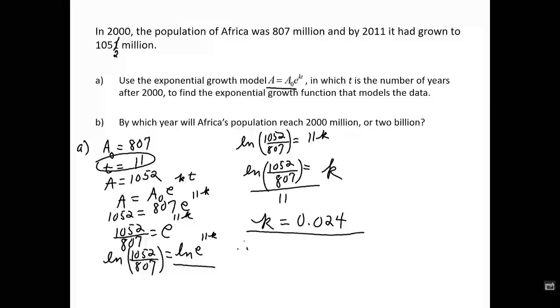So therefore, the function is given by A is equal to A sub 0, 807, times e to the kt. But now we know that k is 0.024 t.